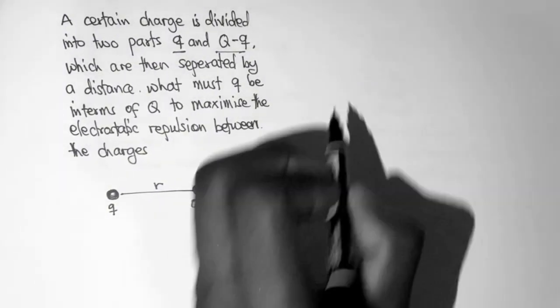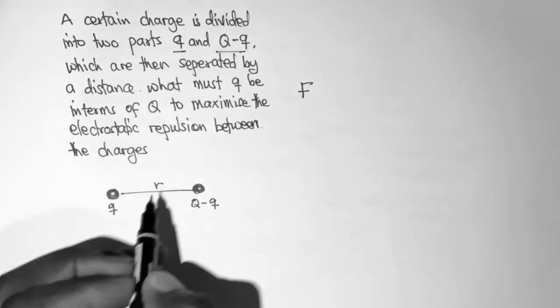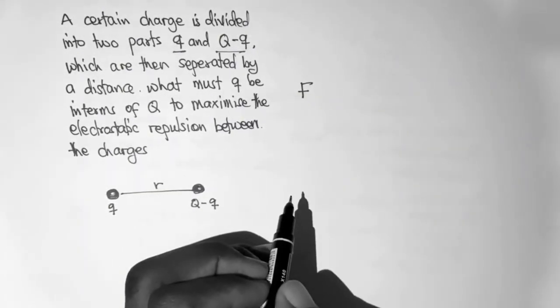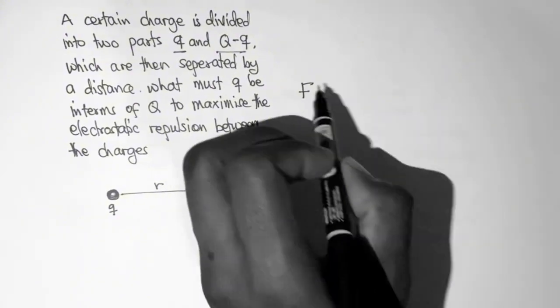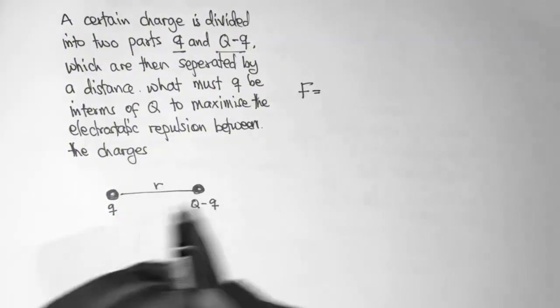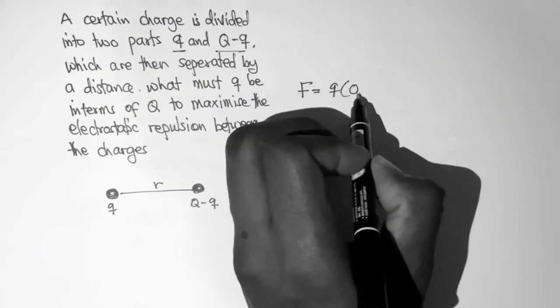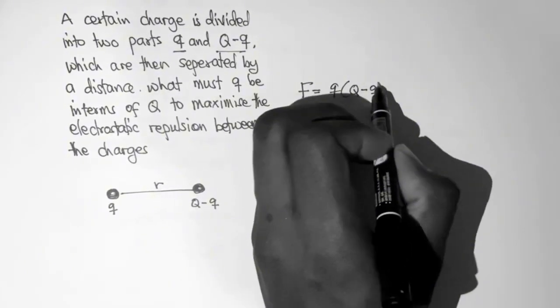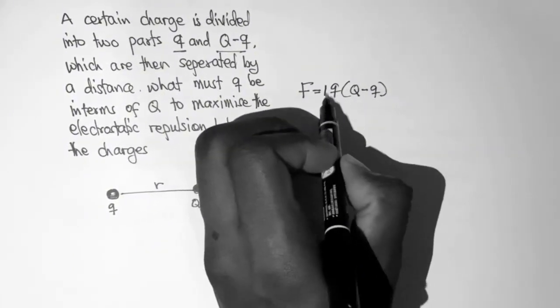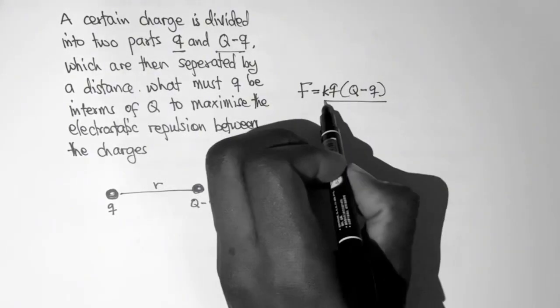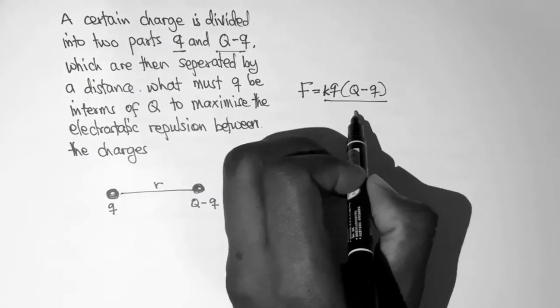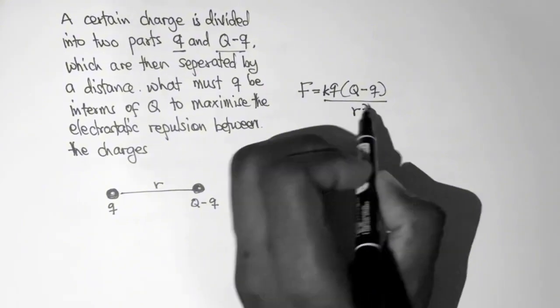So the force between them, F, is equal to q times (Q minus q) times this constant k divided by the square of the distance between them, r.